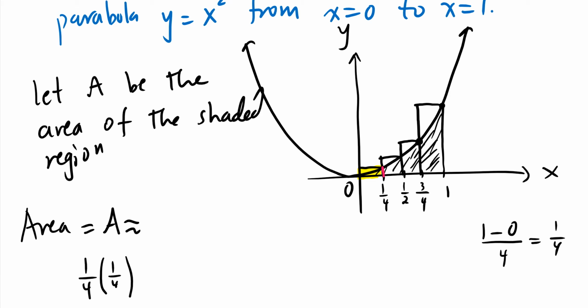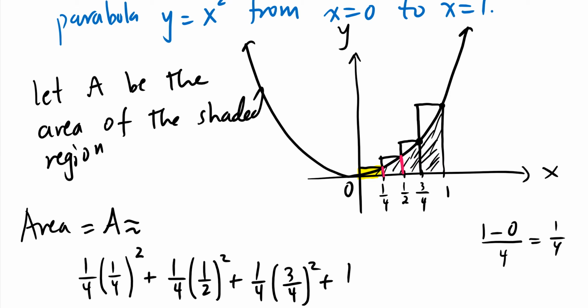So it's 1/4 times 1/4 squared, because the function is x squared, plus the next rectangle, 1/4 times the height, which is evaluated at 1/2 squared, plus 1/4 times 3/4 squared, plus 1/4 times 1 squared.